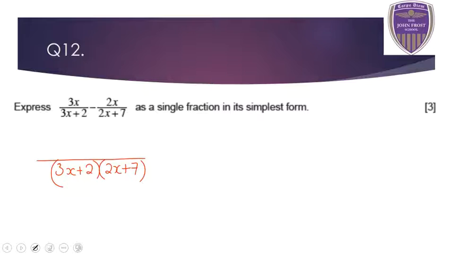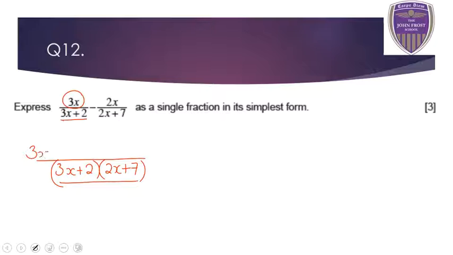Okay, so to work out the denominator, what you have to do, how many times does 3x plus 2 divide into this expression? Well, it'll divide in 2x plus 7 times. And what you have to do is times it by the top.